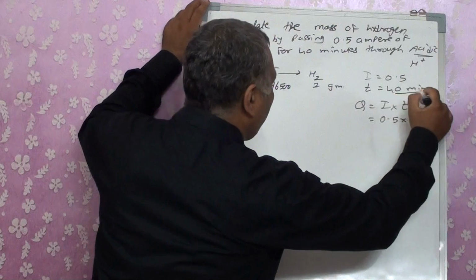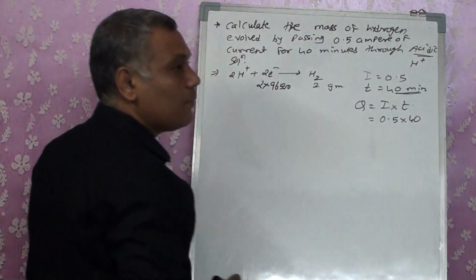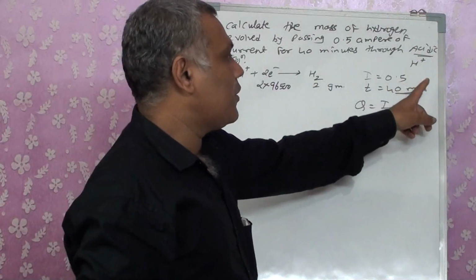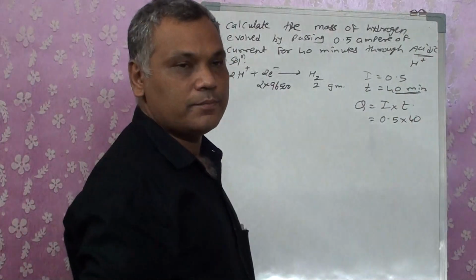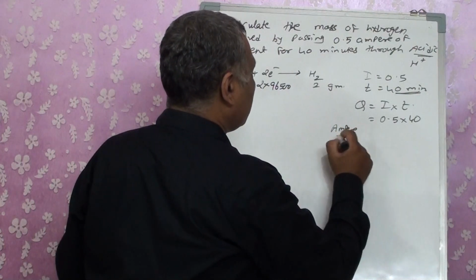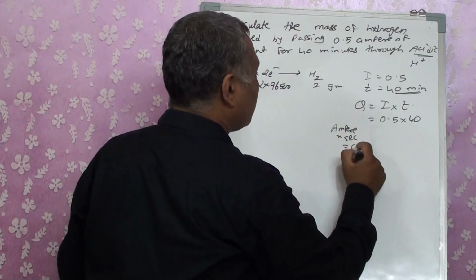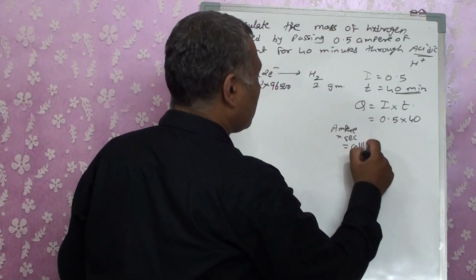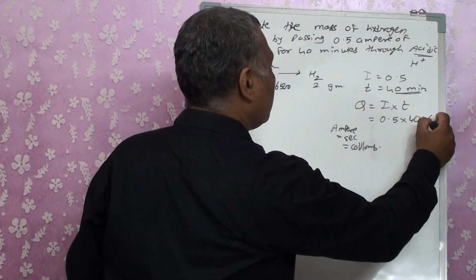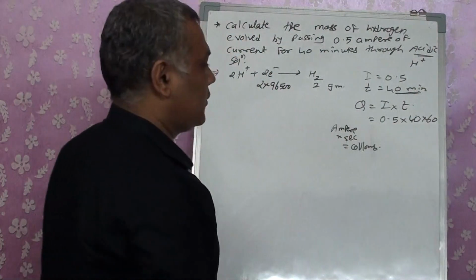But the factor is, this is given to me in minutes. Whenever I go for it, ampere into second is coulomb. Here it's a minute, so I have to convert it into seconds.